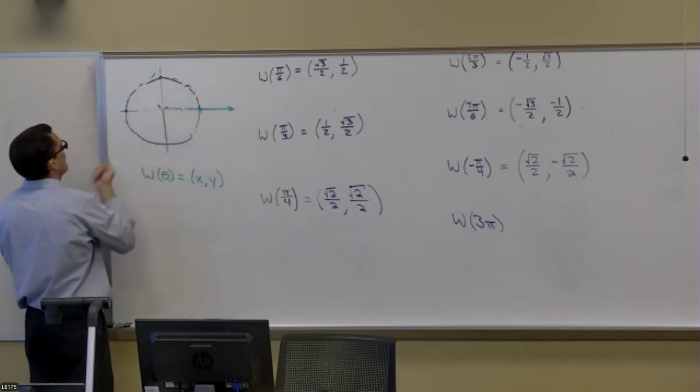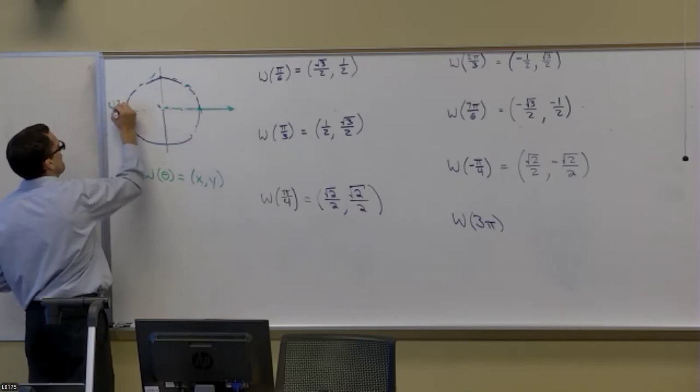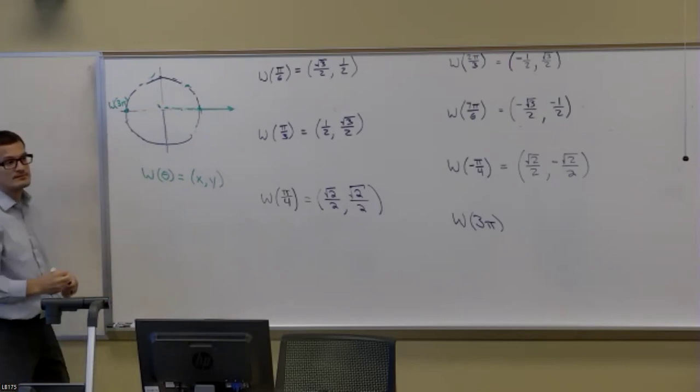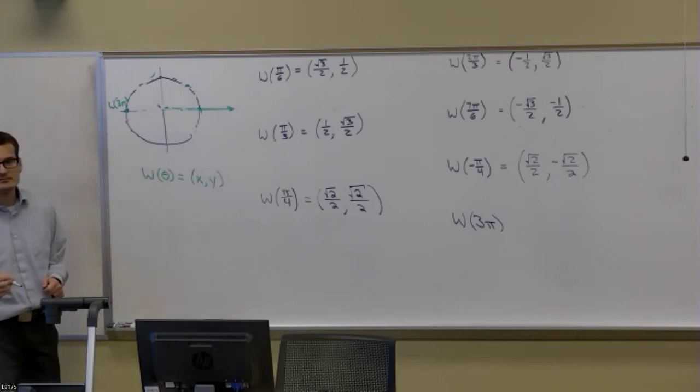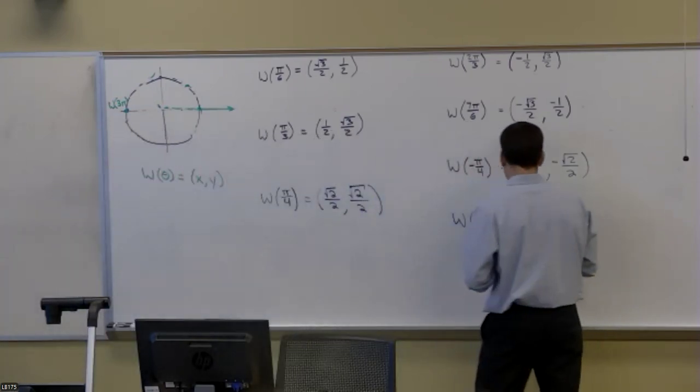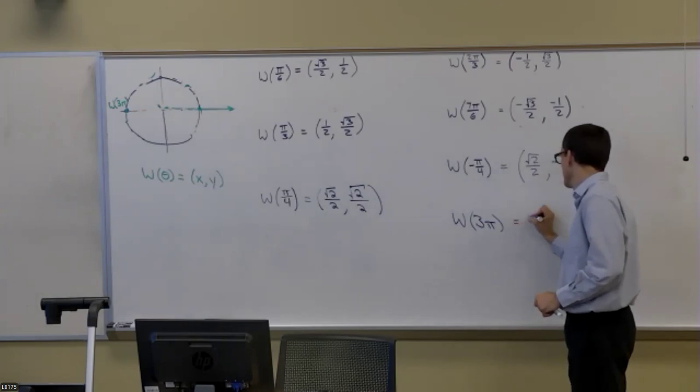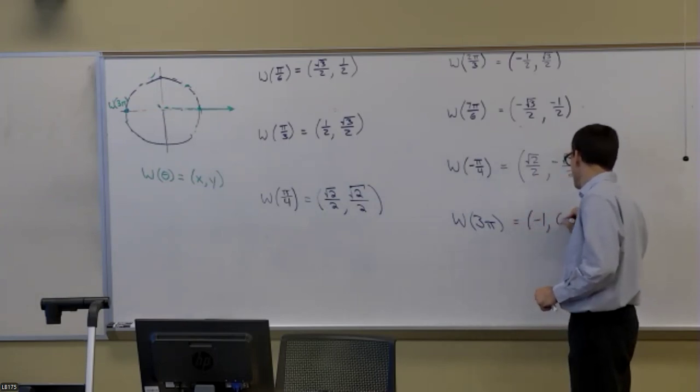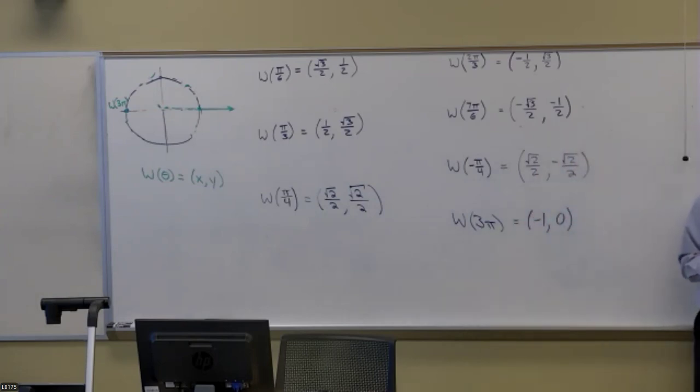All right? So the wrapping function of 3 pi is going to be right here. That's coterminal with 1 pi. We already figured that point out. That's negative 1, 0. Okay.